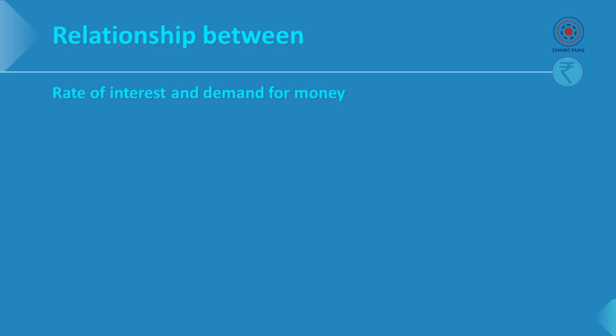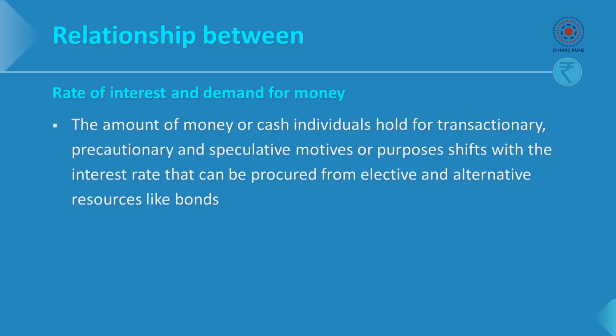Before understanding the supply of money, we will discuss the relationship between rate of interest and demand for money. The amount of money or cash individuals hold for transactionary, precautionary and speculative motives or purposes shifts with the interest rate that can be procured from alternative resources like bonds.